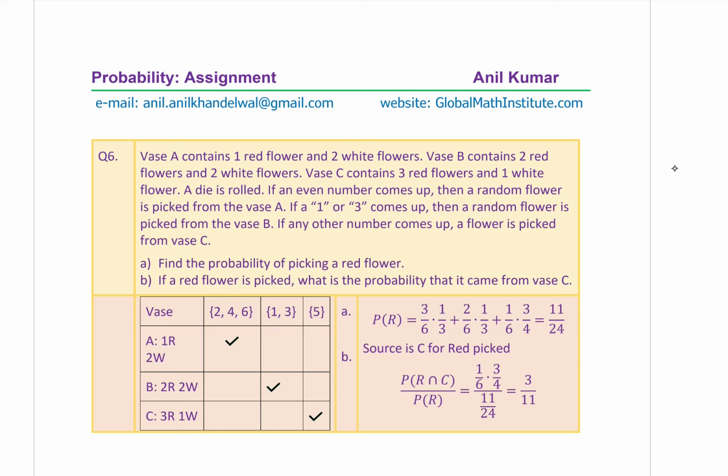So therefore, we get probability of getting the number is 3 out of 6 times getting the red flower is 1 out of 3. Perfect. Now, for picking a red flower from the second vase, which is B, the numbers could be 1 or 3, which is 2 out of 6. And the probability of picking a red flower in this particular case is 2 out of 4, right?